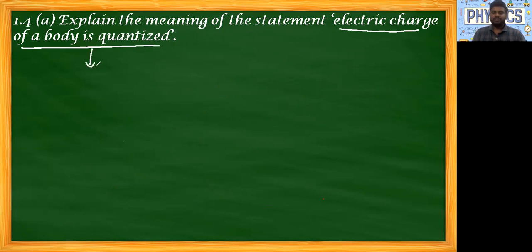We have the condition for quantization, that is Q is equal to plus or minus Ne. Electric charge of a body is quantized when Q is equal to plus or minus Ne.